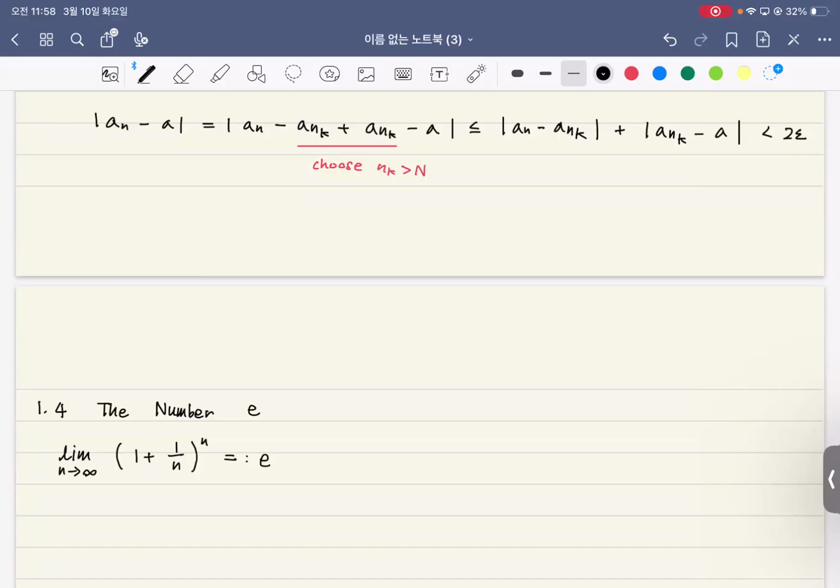Anyway, how do you know that this sequence is convergent? If you just plug in some random numbers, n equals 1, 2, 3, 4, it looks like the sequence is somehow increasing and converging to some number. But relying on intuition is not the greatest idea when you're trying to prove a sequence is convergent. So this time around, I will try to show you why this sequence must be convergent.